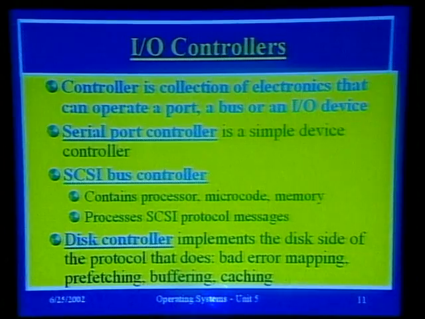And the electronic component of an I/O device is primarily the controller. It may be a disk controller, a printer controller, a bus controller, and so on. A controller is a collection of electronic circuitry that can operate a port, a bus, or an I/O device.